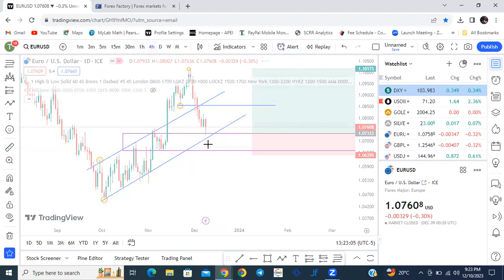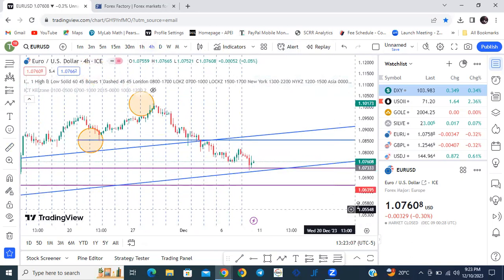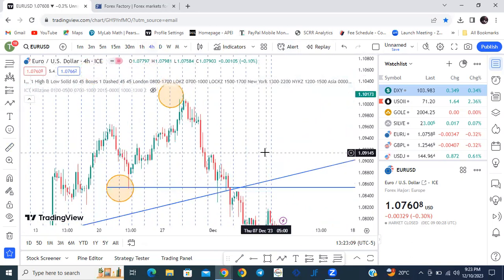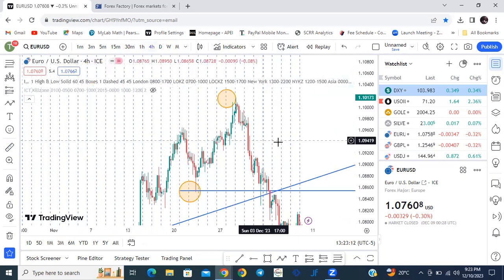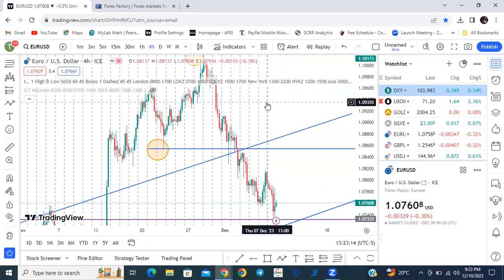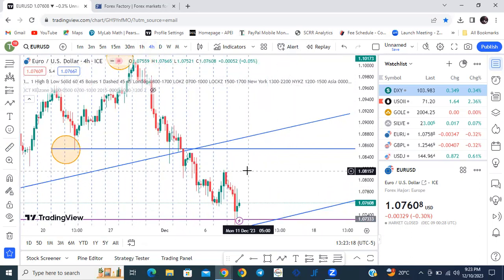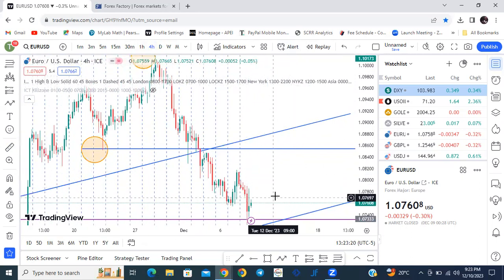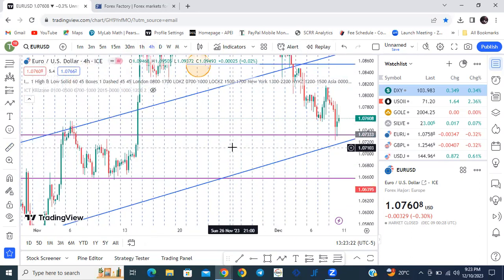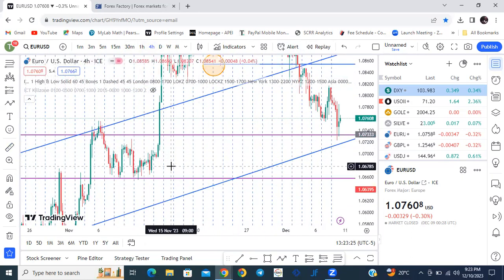Then we look from the 4-hour time frame, and we can see that it's bearish. The price is making lower lows and lower highs, and this area is very critical as well.